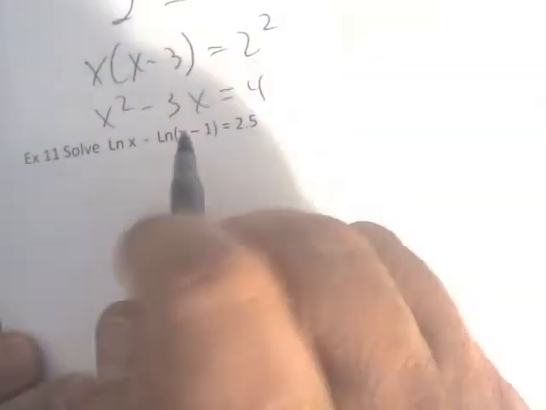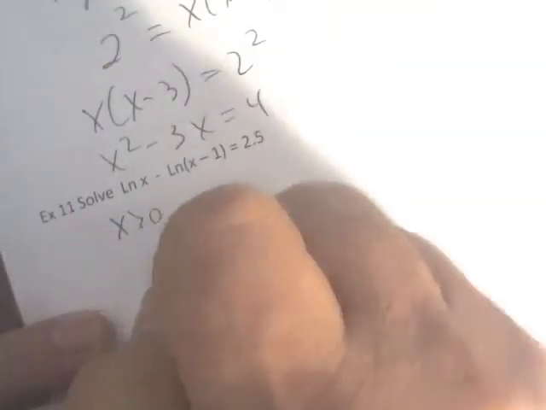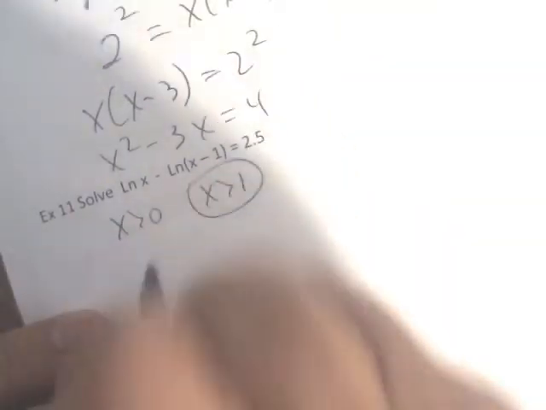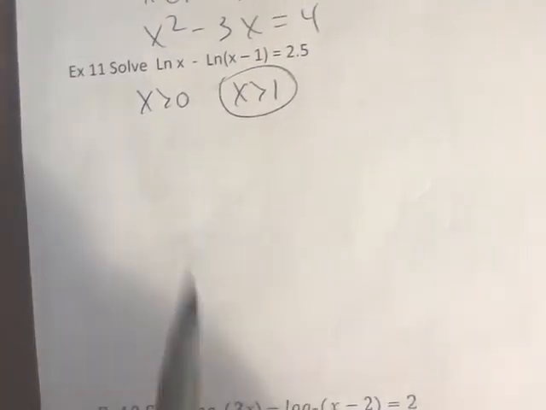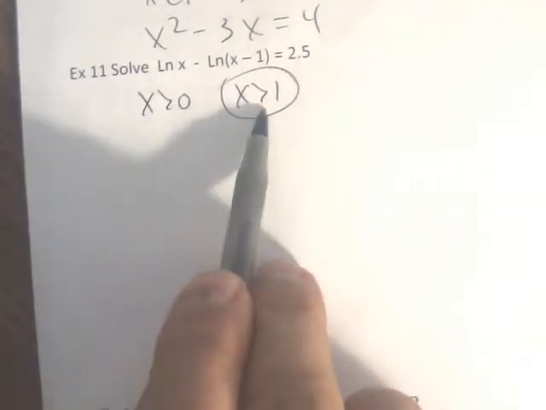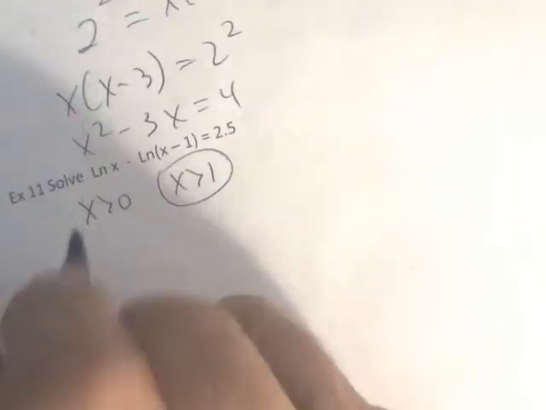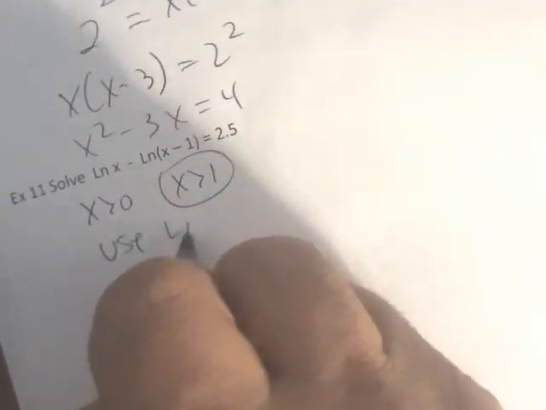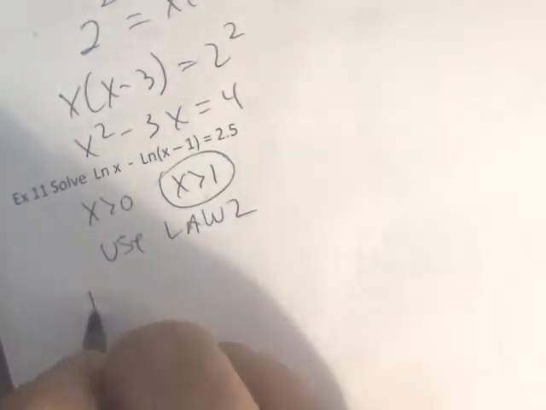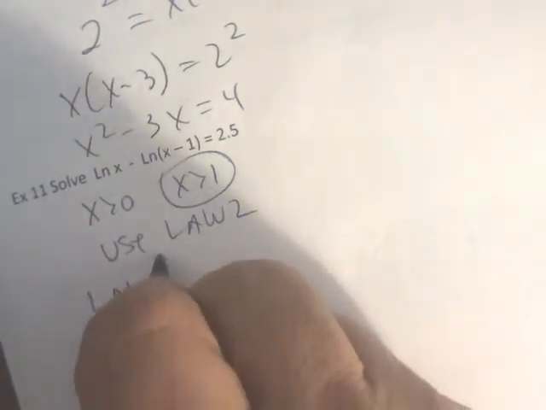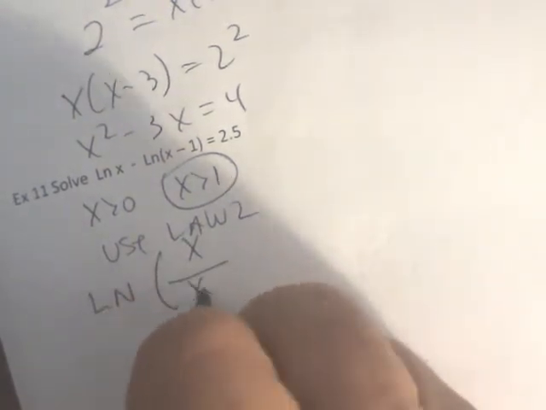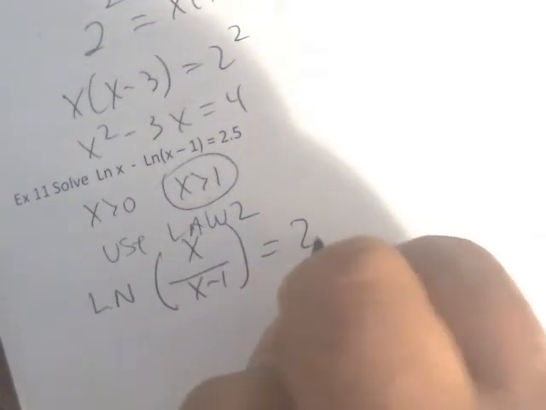So my domain, again, x is greater than 0, x is bigger than 1. So whatever solution I get to satisfy both of these must be greater than 1. So here I will use law 2. So the natural log of x over x minus 1 equals 2.5.